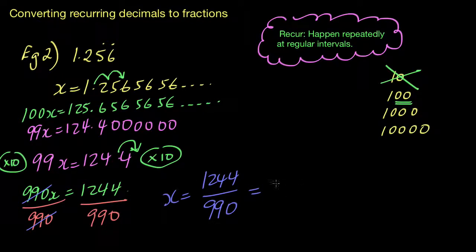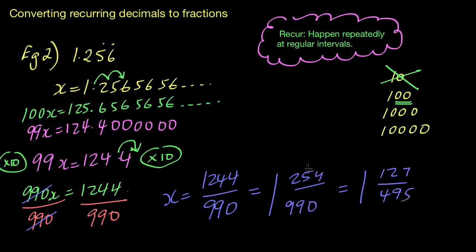It goes in once, and you should be left with 254 over 990. And you can take that even further because we've got these even numbers here. So we're going to pull out the 2's out of both the top and the bottom, or the numerator and the denominator. We're going to get 1 and 127 over 495. Typing that into a calculator as a fraction and pushing equals will often simplify that for you anyway. Once again, you can type this into a calculator and make sure that you get 1.256 recurring. So that's our second example.